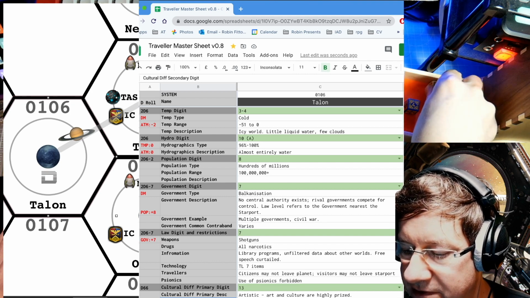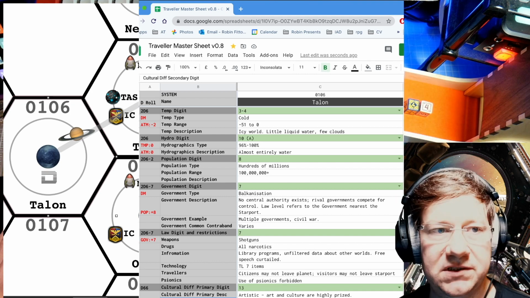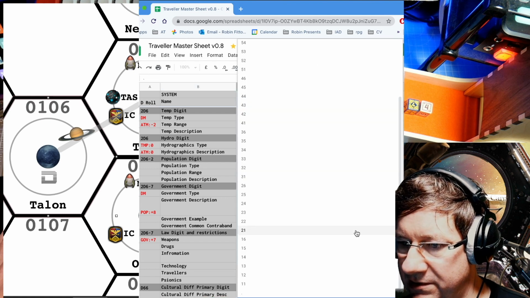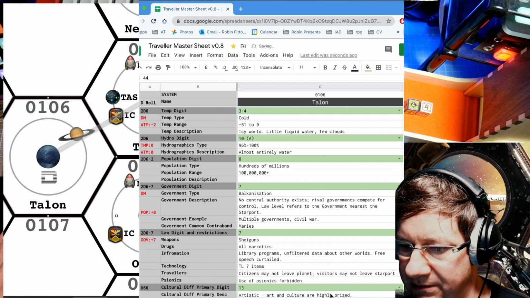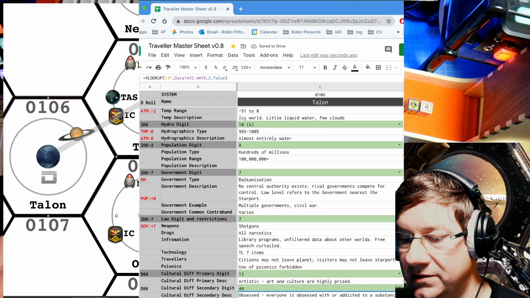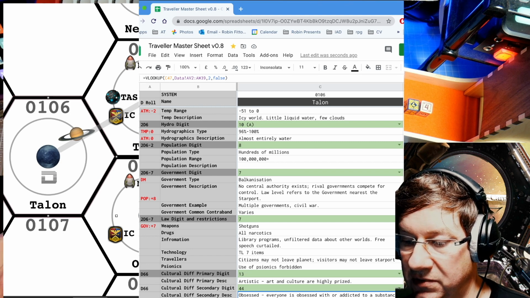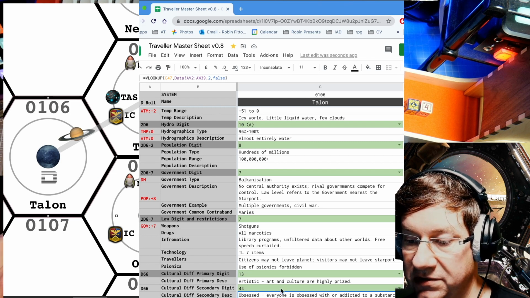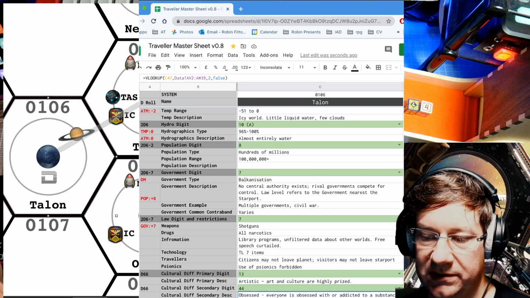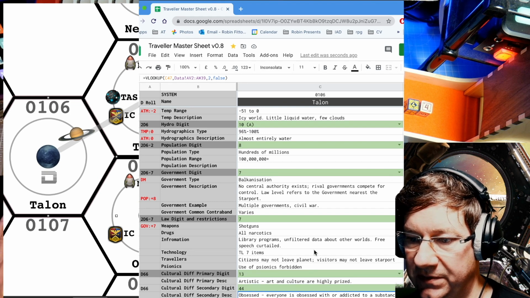That's a 44 on the D66 roll, which is going to be slightly different. I think there are some restrictions when you get up higher. Oh, so everyone is obsessed with or addicted to a substance, personality, act, or item. This monomania pervades every aspect of their culture. So they really like art, but maybe that art is about one particular thing and they're obsessed with something.